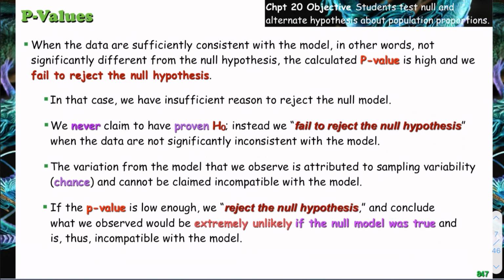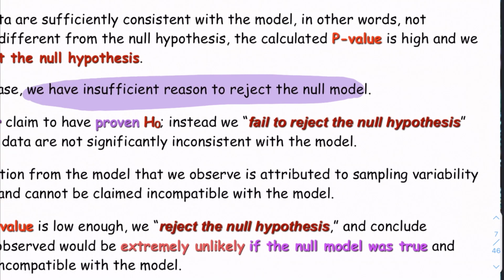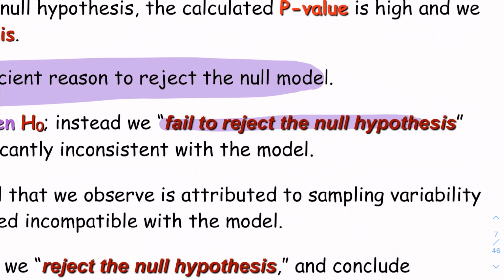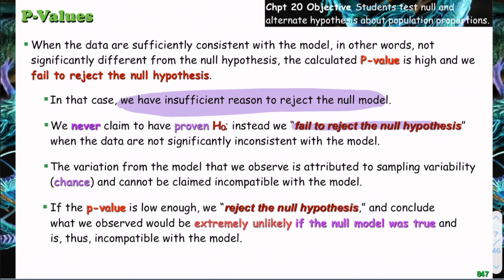We didn't find any evidence that disputed Alvin's original claim. So in that case, we have insufficient reason to reject the null model, or to say that Alvin's 80% putt making is false. We never claim to have proven our null hypothesis. Instead, we say we fail to reject the null when the data are not significantly inconsistent with our model.